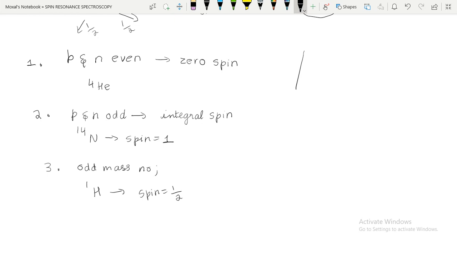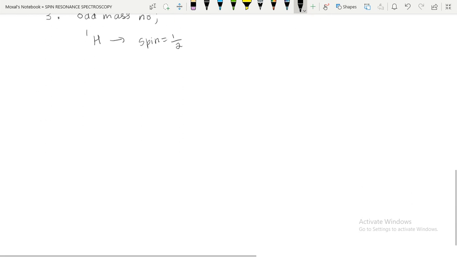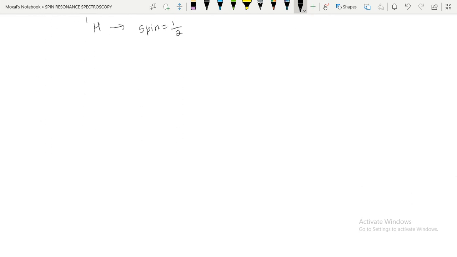So how can we calculate angular momentum if we know the spin quantum number?